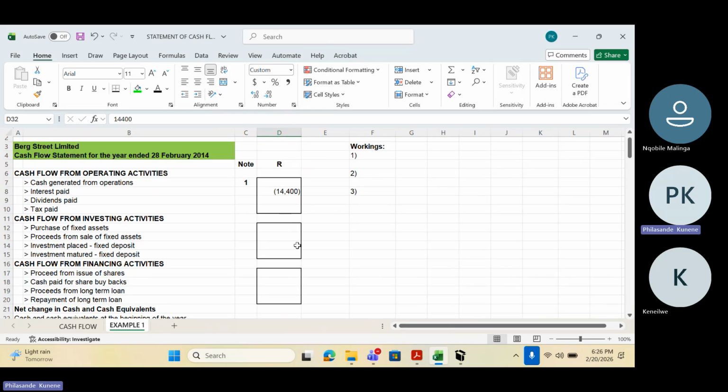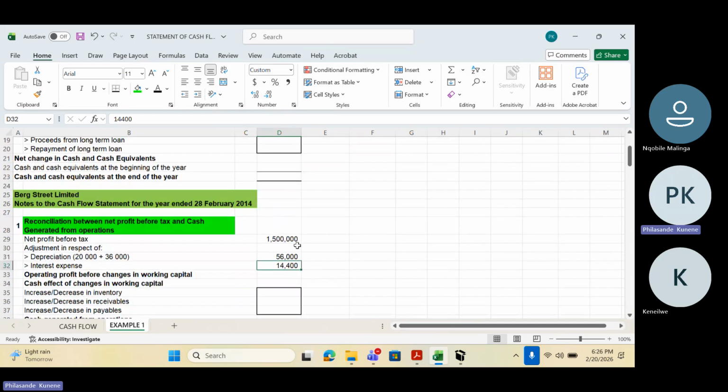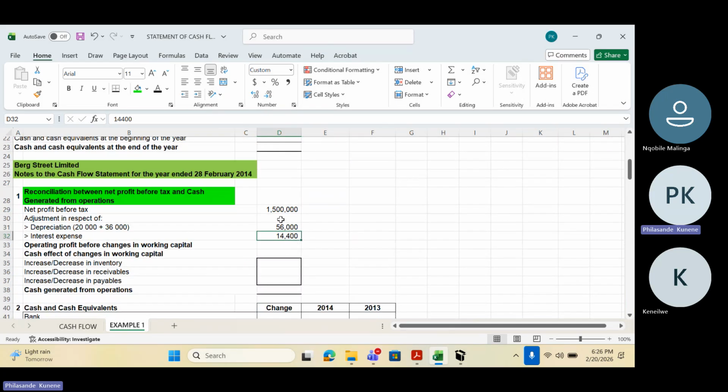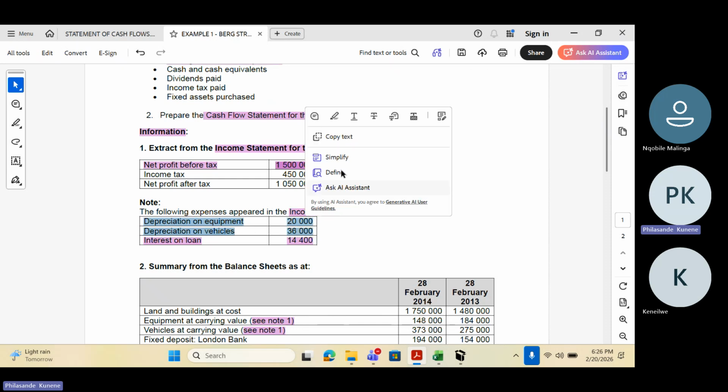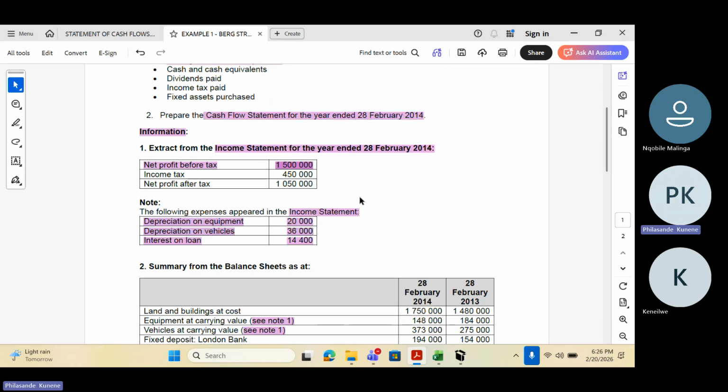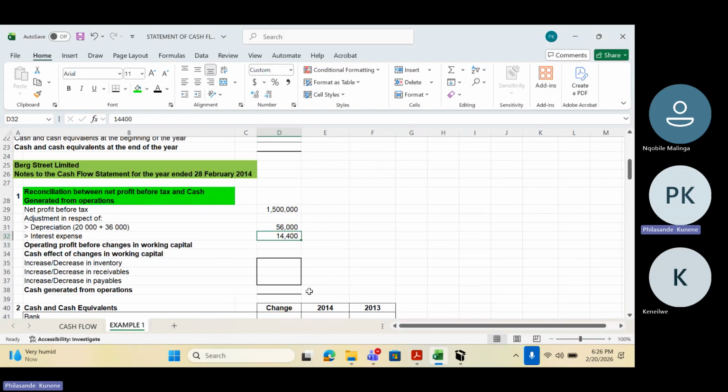Just that we have to remove it from the profit before tax and then put it on its own line. That is the reason why I have to consider interest on loan the same way as depreciation. So all these three things I've already excluded from this note, as you guys can see there.